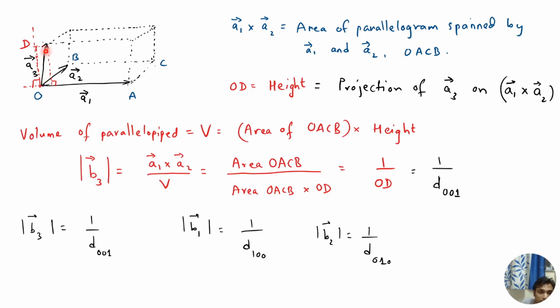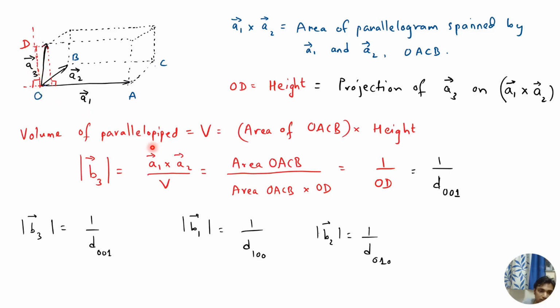OD is the component of a3 along the direction perpendicular to both a1 and a2, or you can think of it as the projection of a3 on a1 cross a2. So the volume of this parallelepiped is the area of the parallelogram OACB times the height, which is OD.